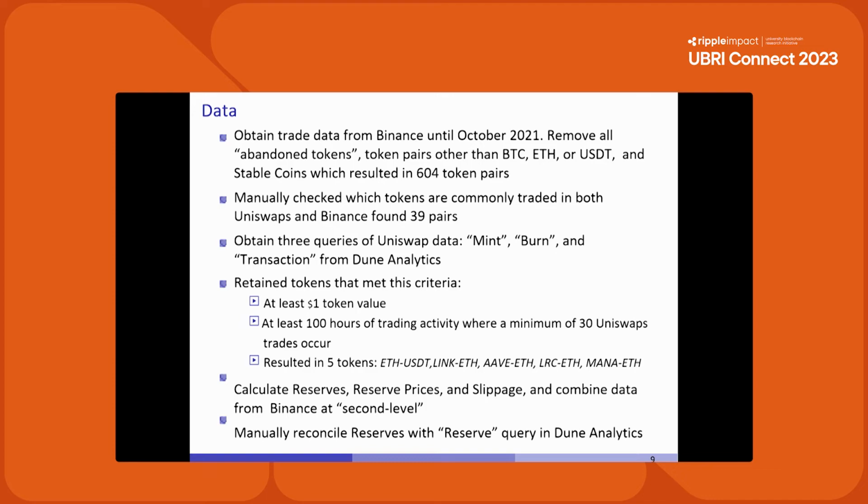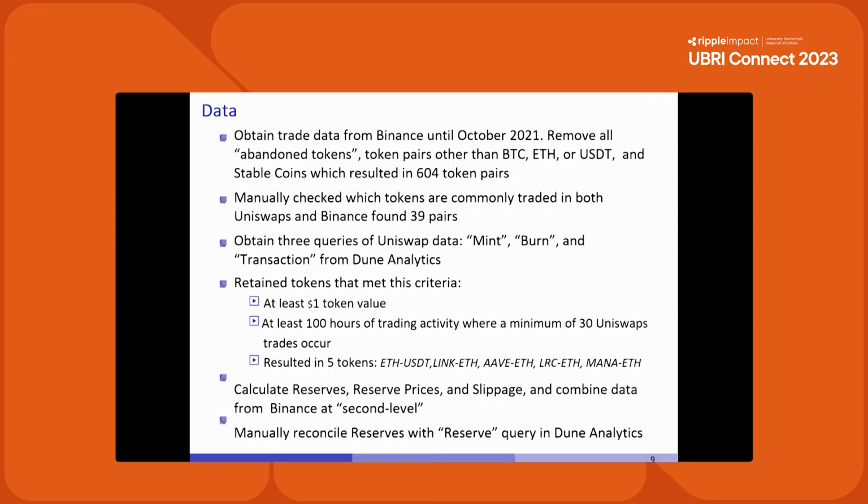We applied that to data, and we looked at Binance data until October 2021, and we looked at commonly traded pairs. Why October 2021? Because that is when version 3 started becoming prominent, so we wanted to restrict our data to Uniswap version 2. That's why we cut the data window off.